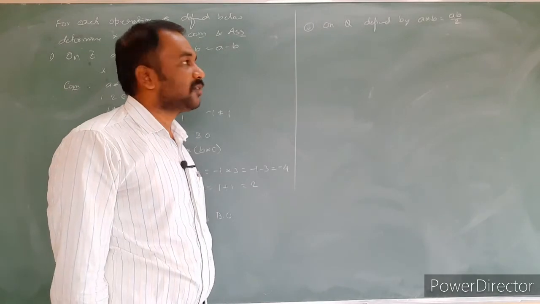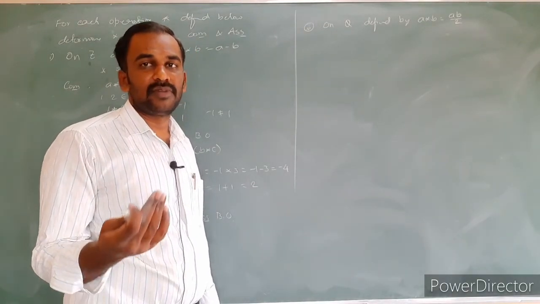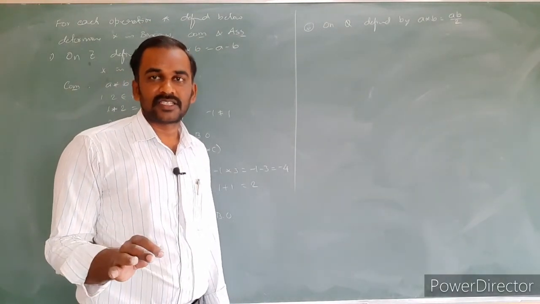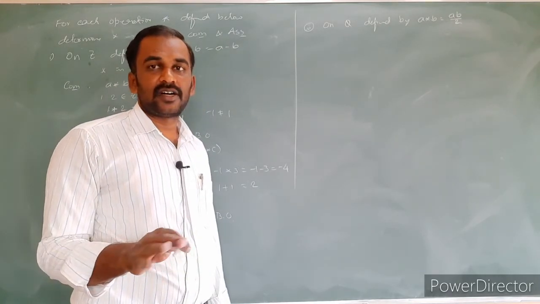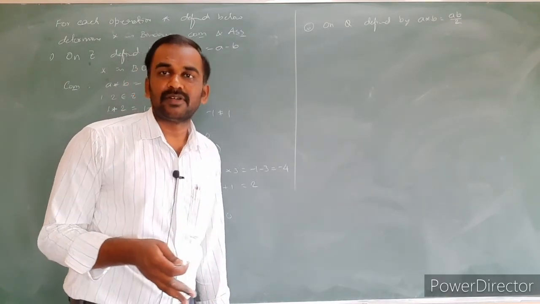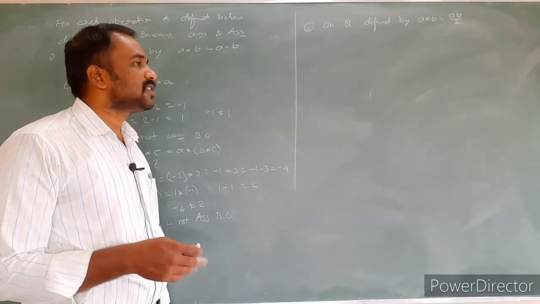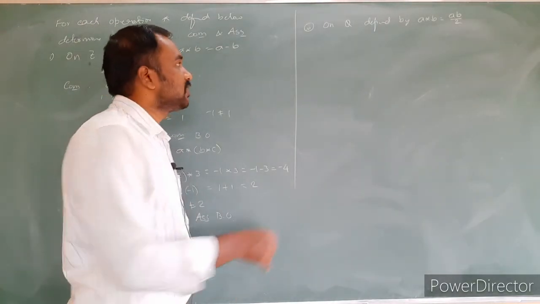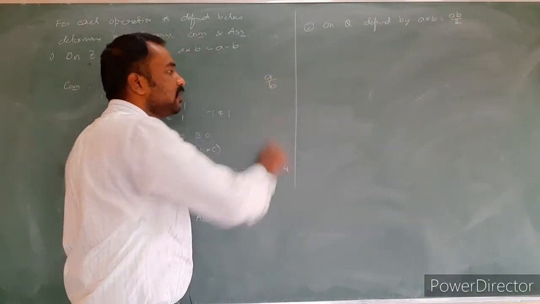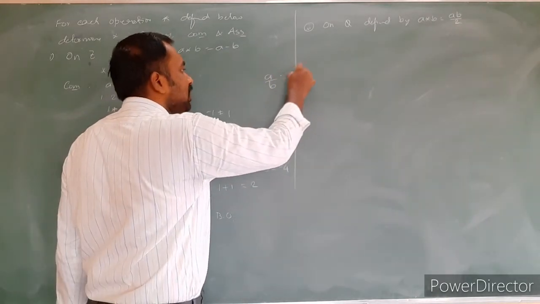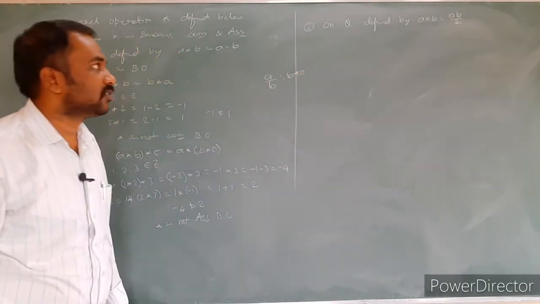Okay, on the set of rational numbers, A and B are any two rational numbers, and the product of any two rational numbers divided by 2 is obviously a rational number, because any integer or any real number can be expressed in the form A by B. What is a rational number? A number of the form A by B, provided that B is not equal to 0.